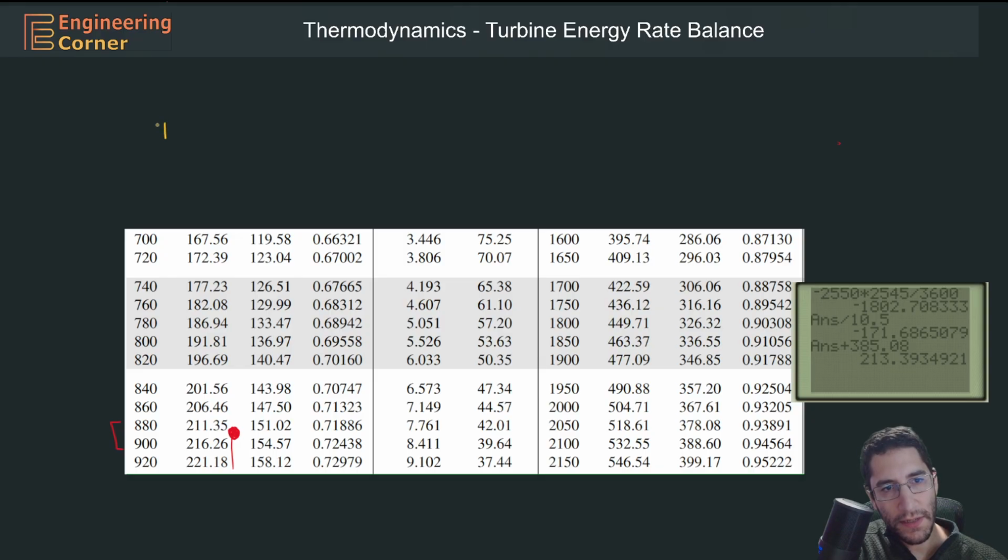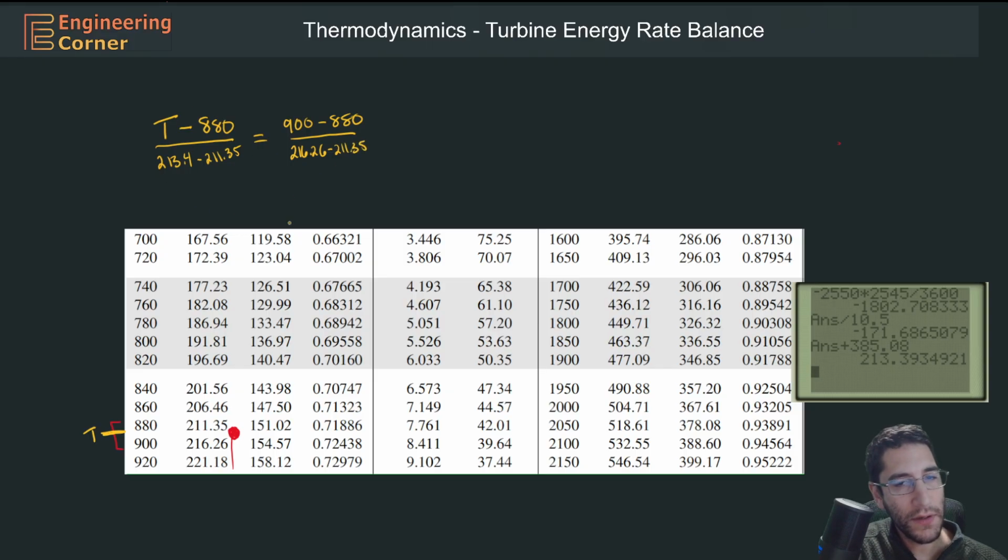We're interested in some temperature in between here, going between 880 and 900, and we're using the enthalpy. So we know the enthalpy we're looking for is 213.4. At 880, our enthalpy is 211.35, and at 900, our enthalpy is 216.26.